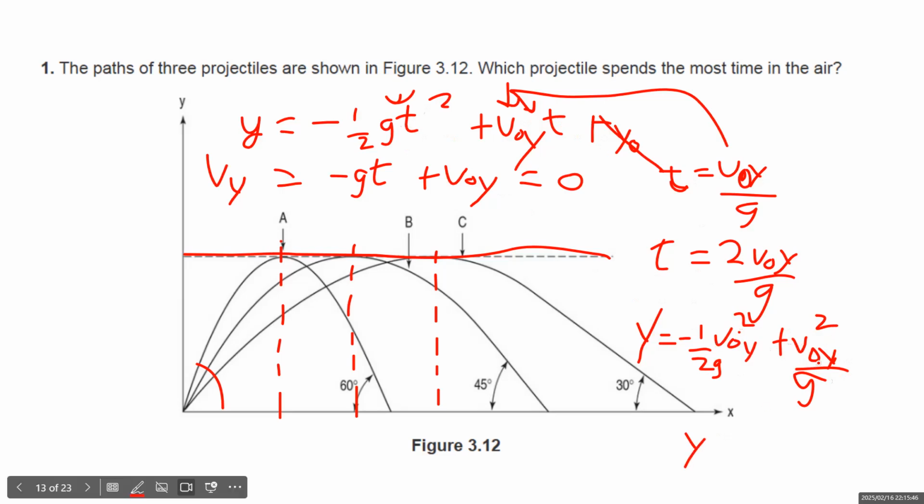Notice that this is half of this and subtracted. It's just y critical, y max, is v naught y squared over 2g.